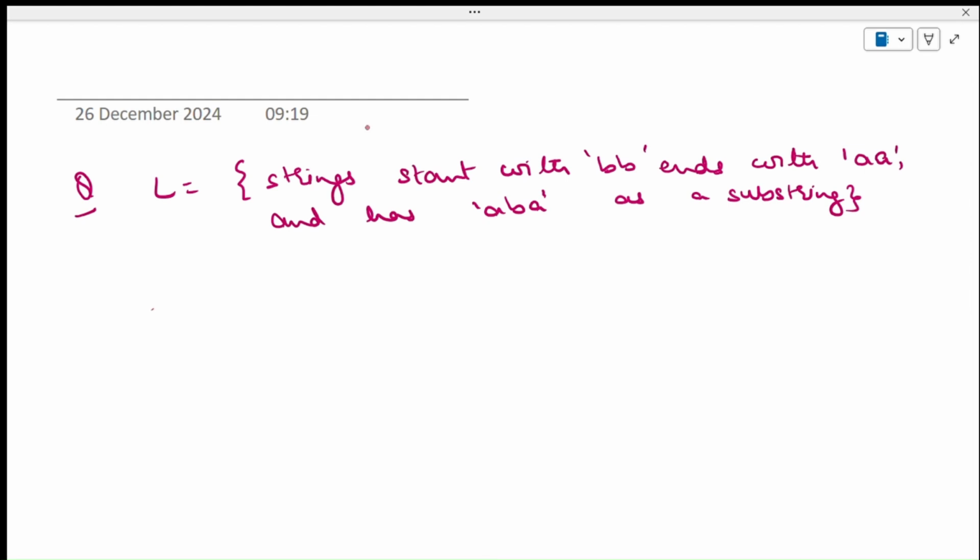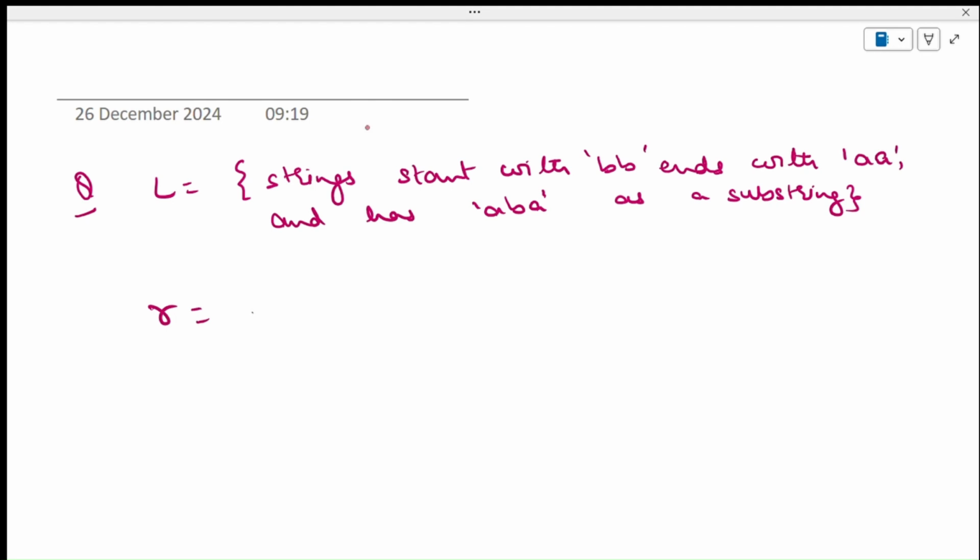Now the regular expression for this language: the string starts with double b, ends with double a, and has aba as a substring. Try to understand the language. It says that we can have any string that starts with double b. So just start writing the expression.